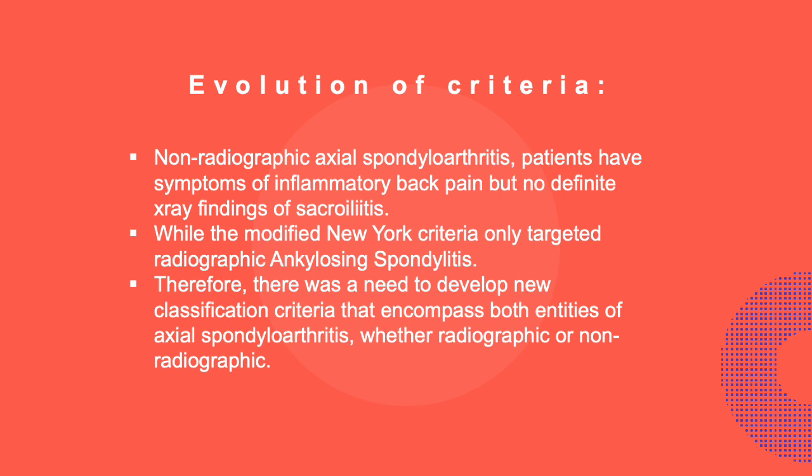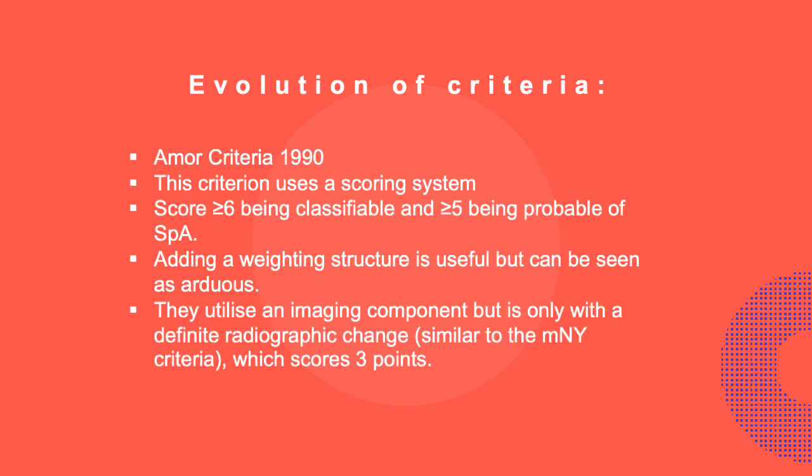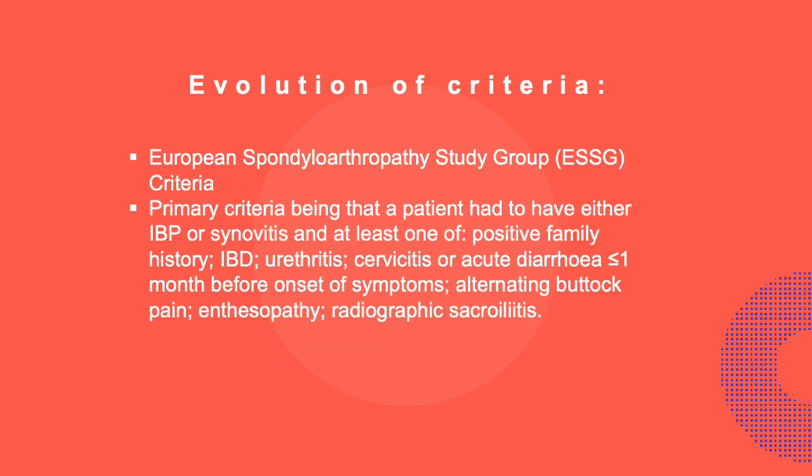This led to development of other criteria. The AMOR criteria were developed, which have clinical parameters as well as an imaging component, but only with definite radiographic changes similar to the modified New York criteria. Therefore, it has the same limitation.